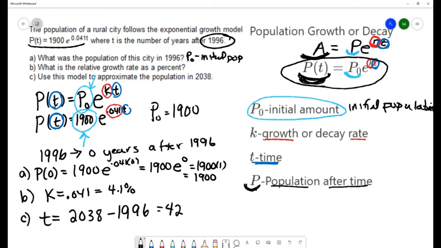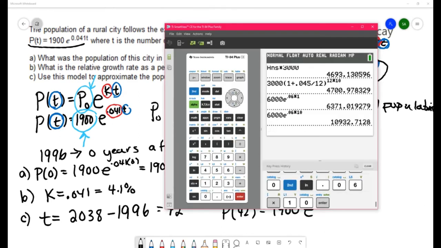And we'll substitute that into our model. P of 42 would be 1,900 times e to the 0.041 times 42. And let's get our calculator to work that out.